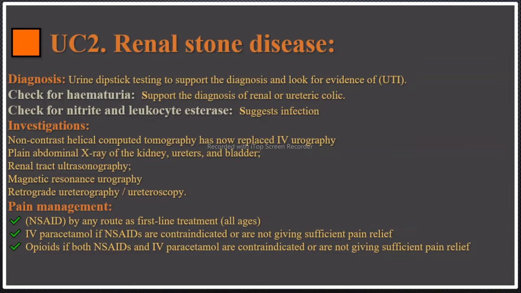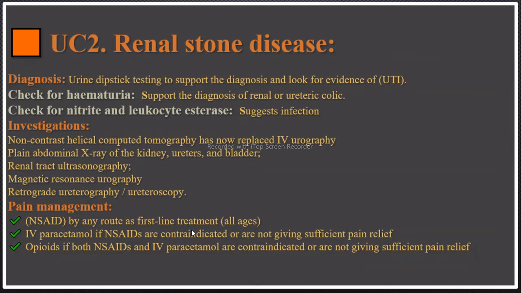If they give you options for rectal, IM and IV, the priority is rectal. So by any route, as first-line treatment, for all ages. IV paracetamol if non-steroidal anti-inflammatory drugs are contraindicated or not giving sufficient pain relief.